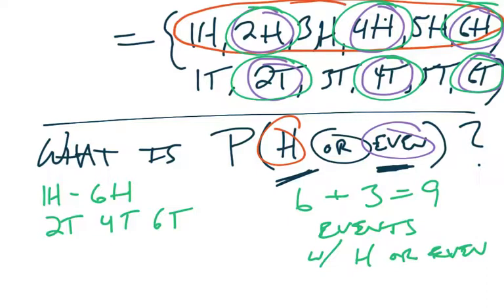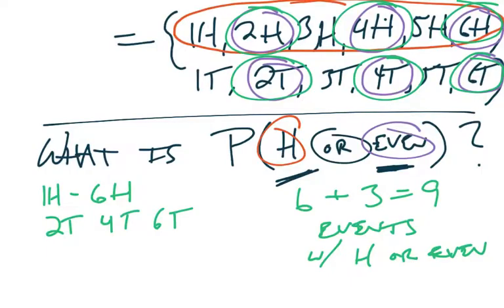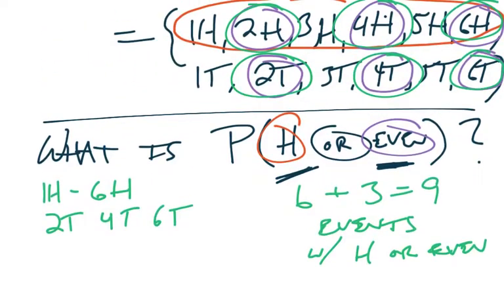If you're asking what is the probability of this happening, we need to answer one question before that. In the problem statement, it was specified that this is a fair 6-sided die and a fair coin. Just remember what it means for things to be fair.